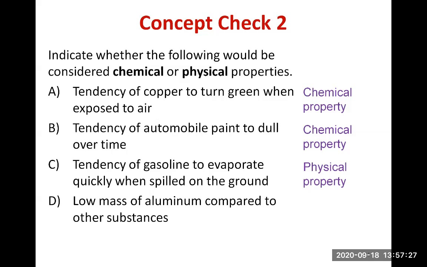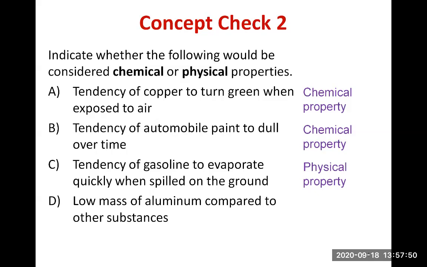Low mass of aluminum compared to other substances. So aluminum is a metal, but it's a very light metal compared to other metals, for example. And that's a property of low density. You just need to put a piece of aluminum on a balance and get its volume to calculate the density.